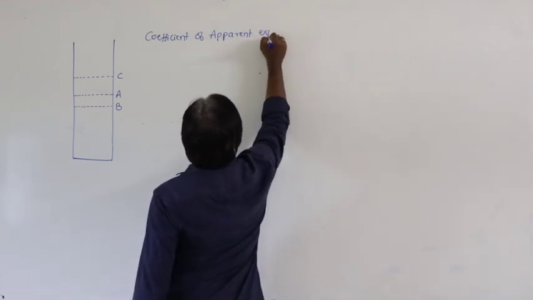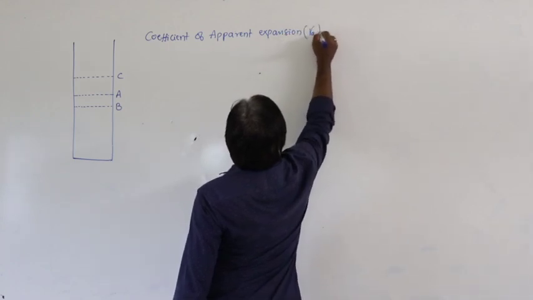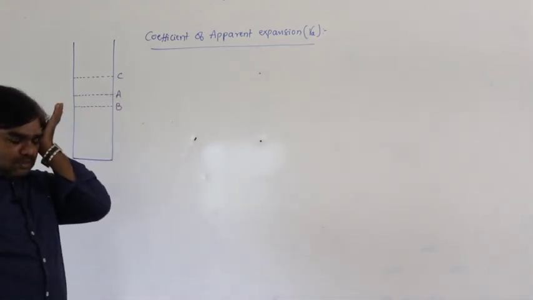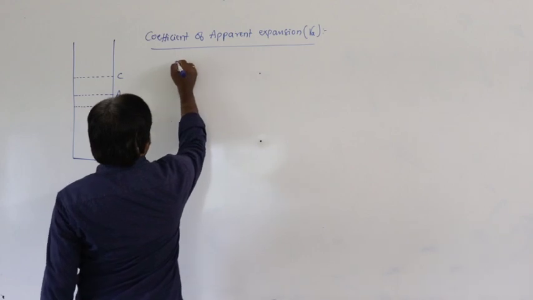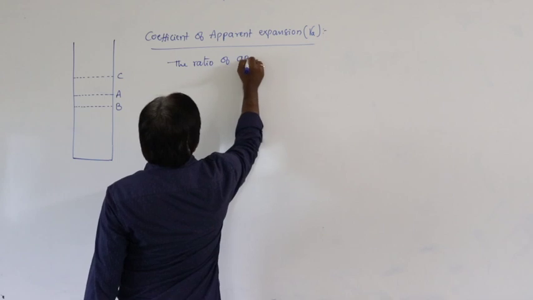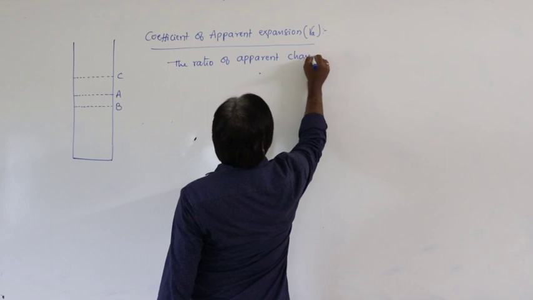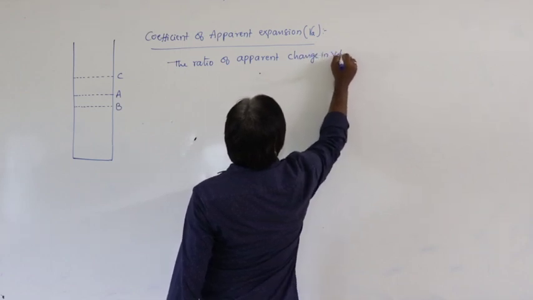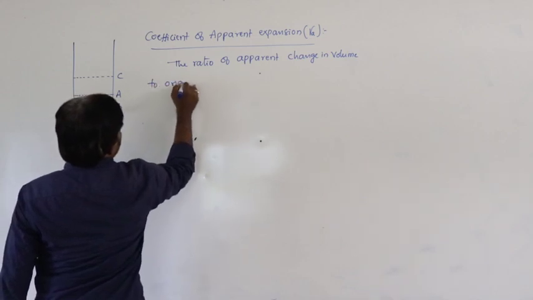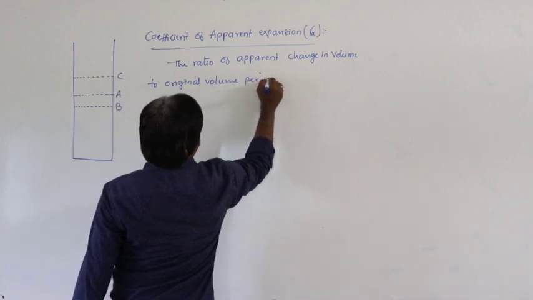It is denoted with gamma A. Coefficient of apparent expansion is defined as the ratio of apparent change in volume to original volume per unit rise in temperature.